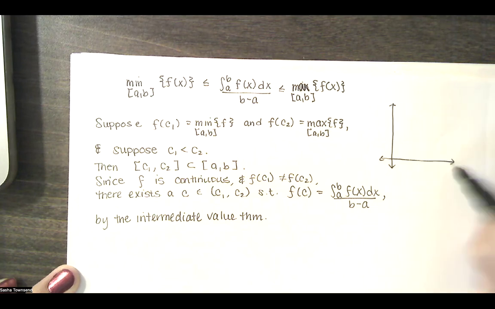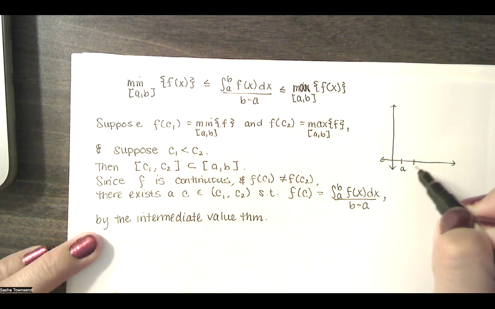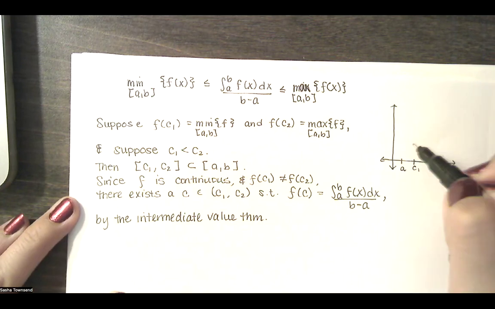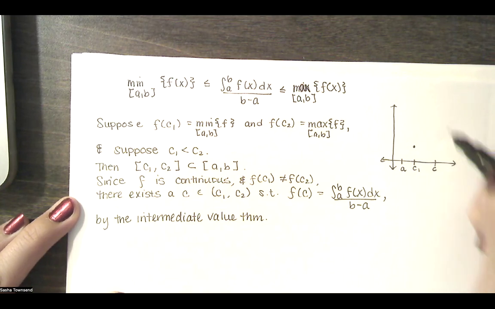Let me draw a picture that's consistent with that. Here's x equals A. And at C1, we want a minimum. And at C2, we want a maximum.